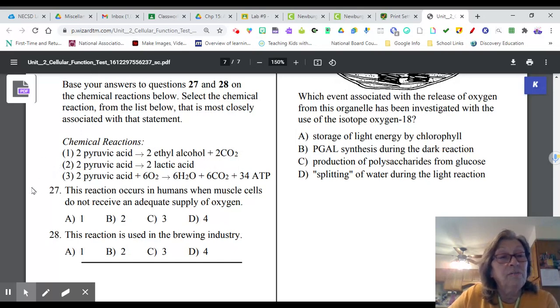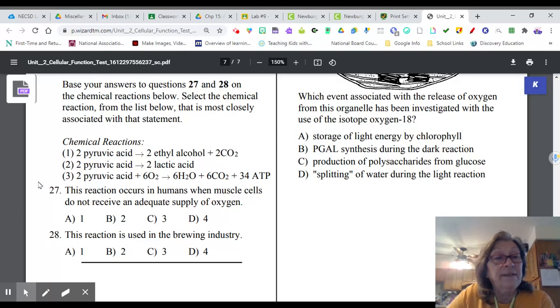Chemical reaction number 2, 2 pyruvic acid to 2 lactic acids. Chemical reaction number 3, 2 pyruvic acid plus 6 O2 to 6 H2O plus 6 CO2 plus 34 ATP.